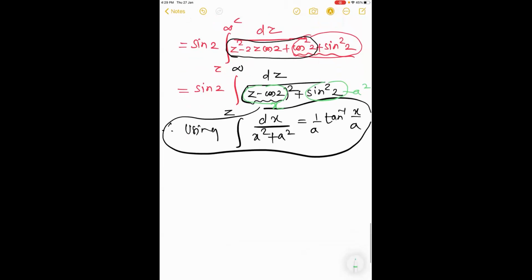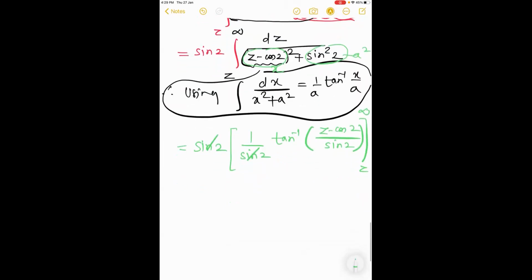So we'll have sine 2 as it is, and the answer is 1 upon a, means 1 upon sine 2, into tan inverse of x, means z minus cos 2 upon sine 2, in the limits z to infinity. So sine 2 is getting cancelled.